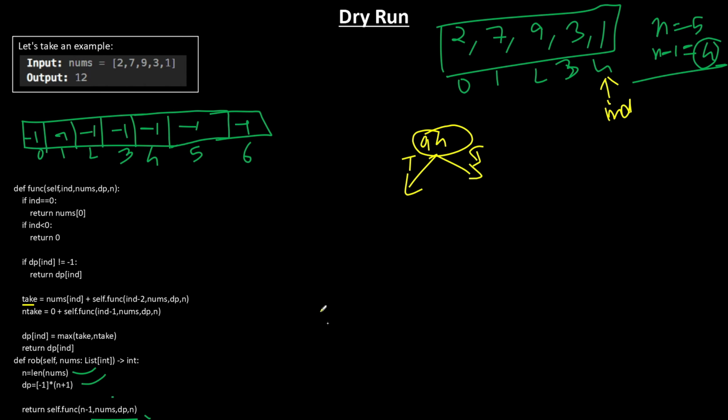If we do that, our sum becomes 1, and the index becomes n minus 2, which means we come to the second index. Again, the index is not 0, neither less than 0, and dp of index is also equal to minus 1, so we come to the take case again.